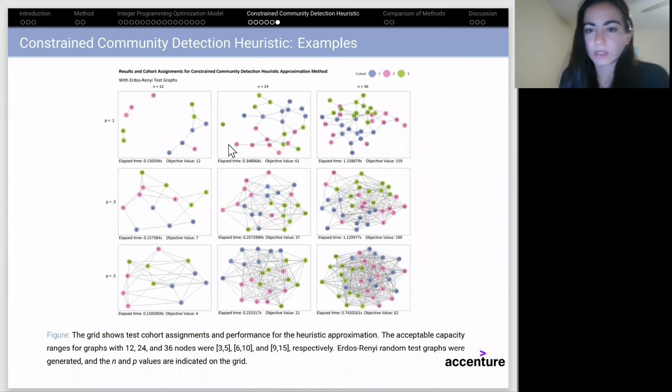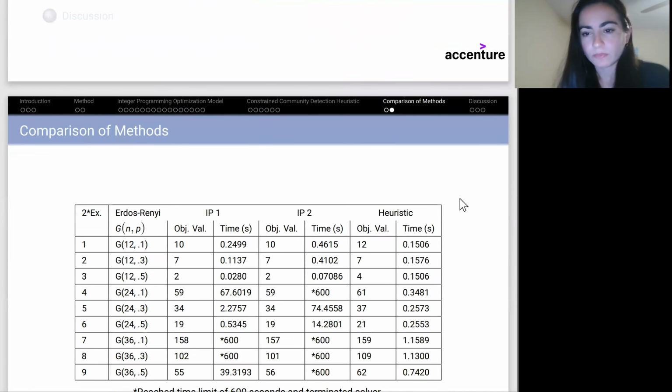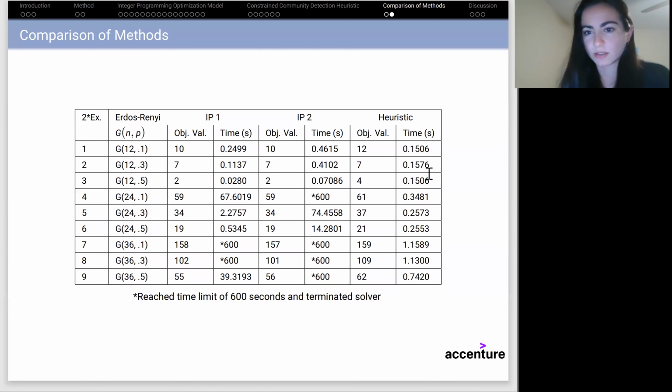And here's a test example. So we have a variety of Erdős–Rényi test graphs of different sizes and different probability of edge creation. And the heuristic performed pretty well. So to compare the methods, clearly we see that the heuristic is very fast compared to the IPs.